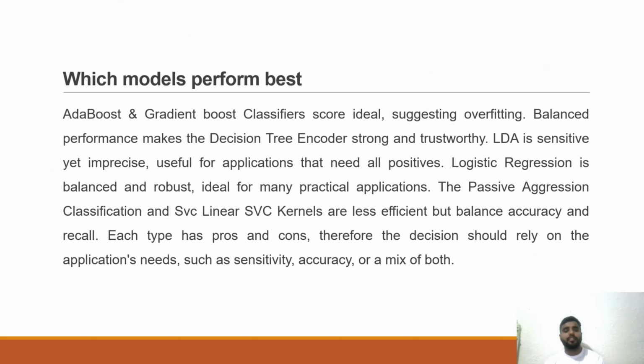Logistic regression is balanced and robust, ideal for many practical applications. The passive aggressive classifier and linear SVC kernel are less efficient but balance accuracy and recall. Each type has pros and cons, so the decision should rely on the application needs such as sensitivity, accuracy, or a mix of both.